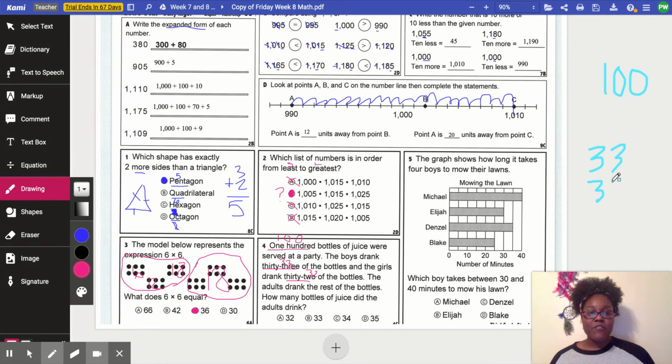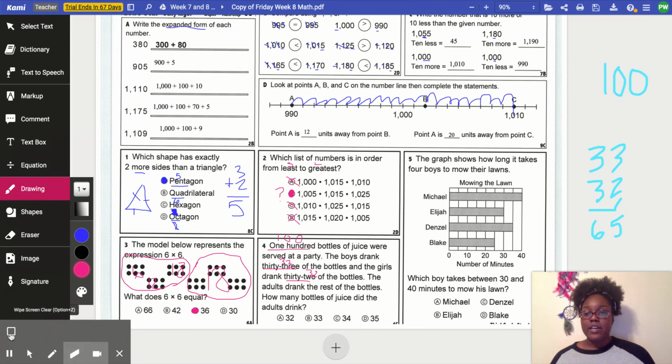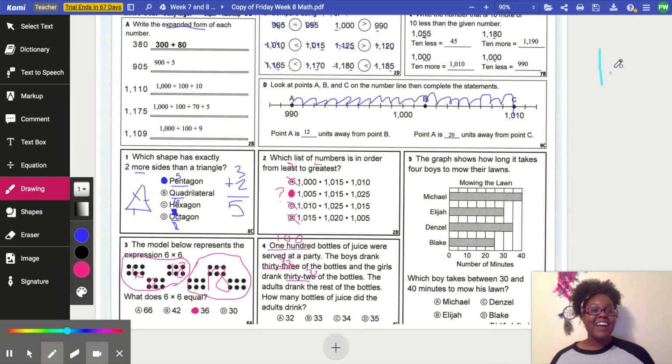So I want to figure out how much they drank so far. 3 plus 2 is 5, and 3 plus 3 is 6. So right now, they've had 65 of the bottles. I've got to figure out how much is left. So I'm going to do 100, take away 65.